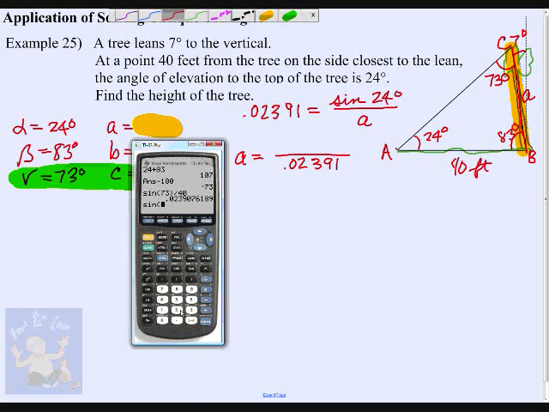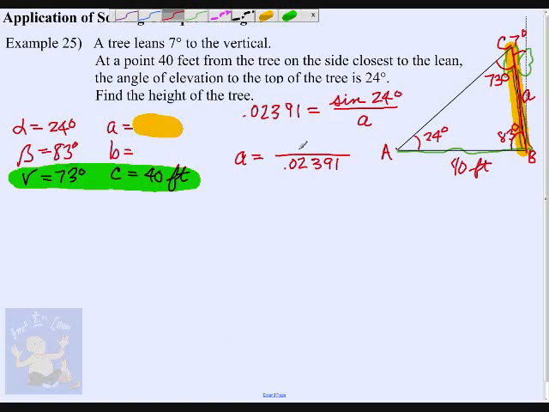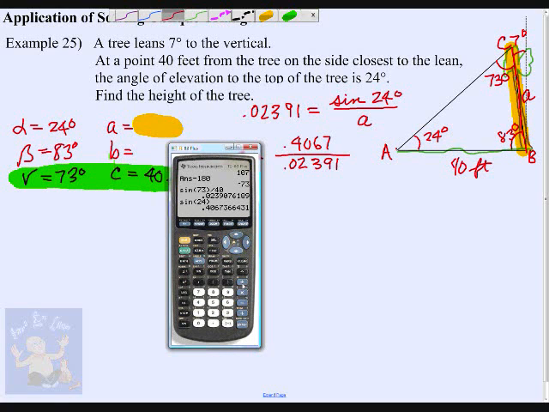Let's find out what the sine of 24 degrees is. Sine of 24 is 0.4067, and we're going to divide that by the law of sines ratio, 0.02391.